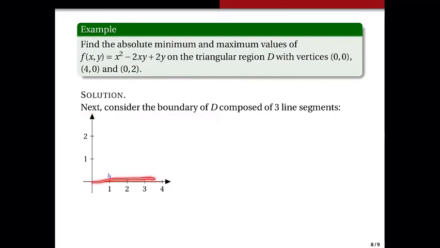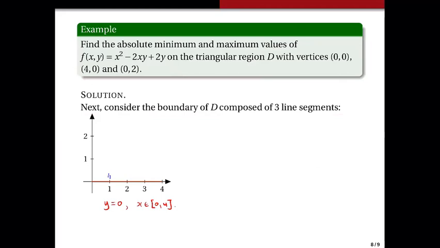The first line segment is this line here from (0,0) to (4,0). So this is just the line y equals 0, for x in the interval [0,4].